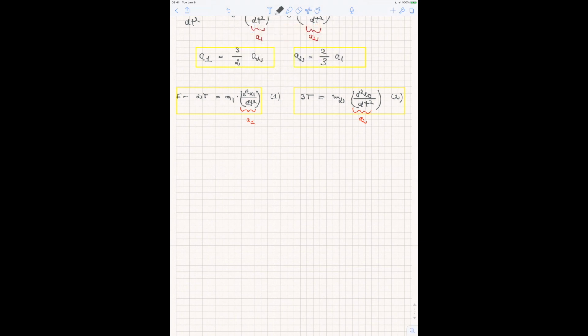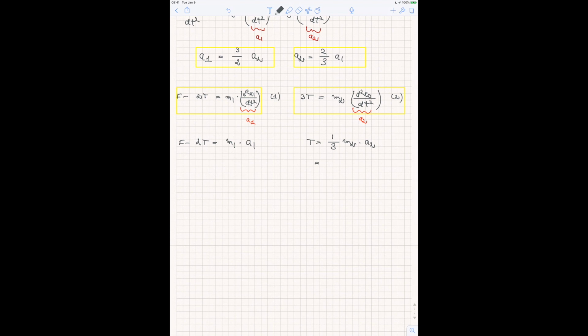So how shall we do this? F minus 2T equals m1 times a1, but we have T here. We can easily solve the second equation for T. So T equals 1/3 m2 times a2. But now let's replace a2 by 2/3 a1.